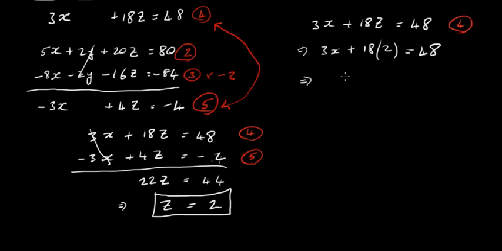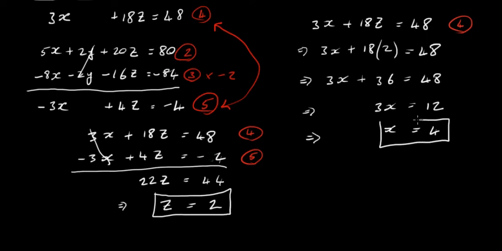That will give me 3x plus 2 18s, so that will give me 36, is equal to 48. That will give me 3x here. If I just subtract 36 from both sides, that will give me a 12 here. So if I divide by 3, that will give me x is equal to 4.